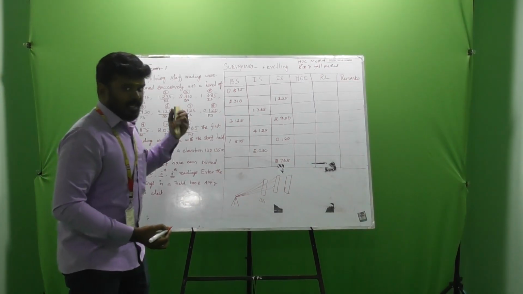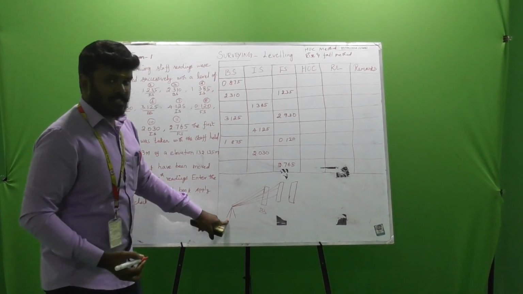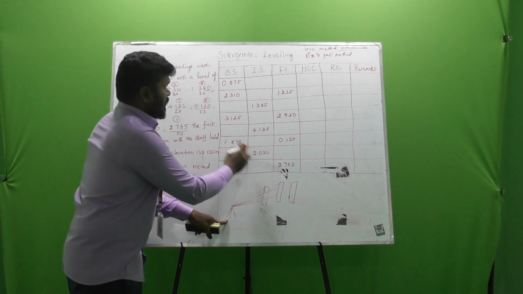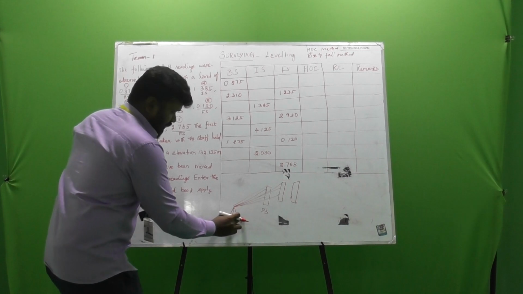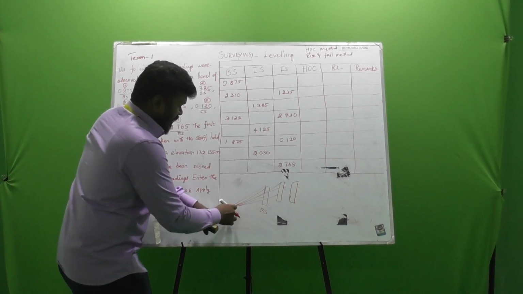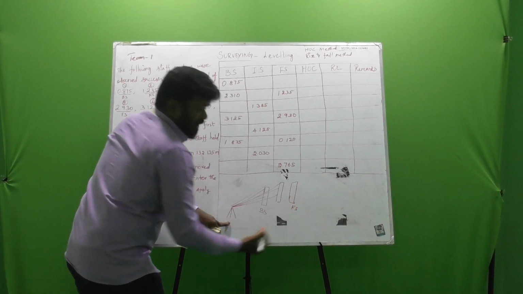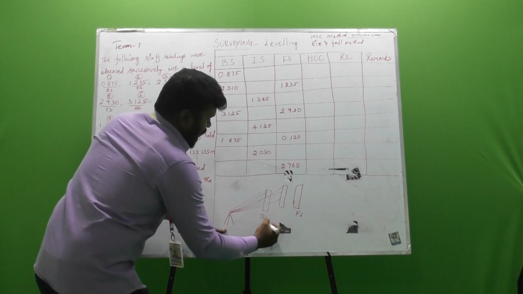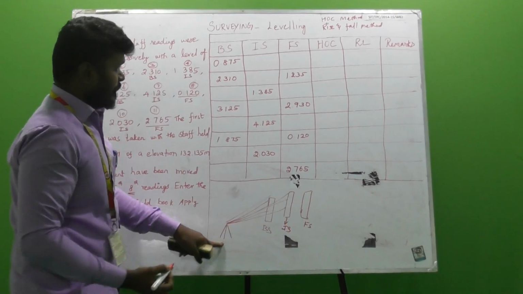So to be clear, again I am telling: BS is when the instrument is fixed at the station, the first reading taken is BS, and FS is the final reading taken before the instrument is moved. The values in between backsight and foresight are called IS, intermediate sight, right?